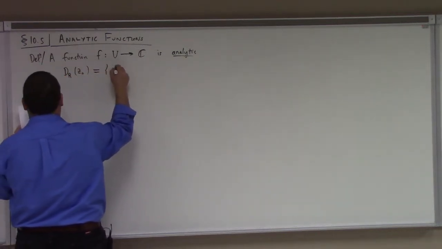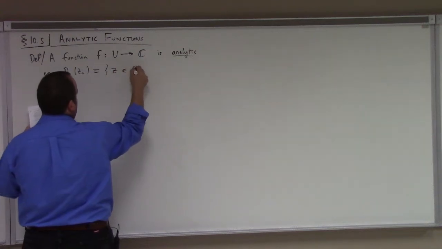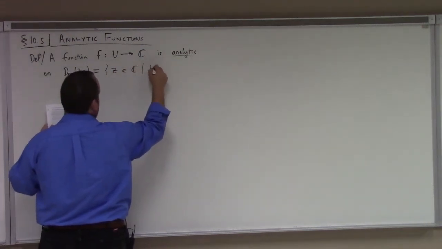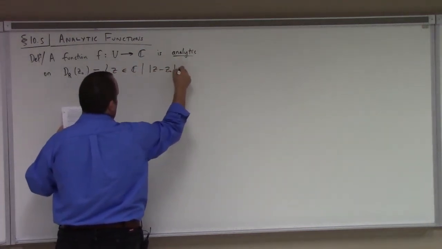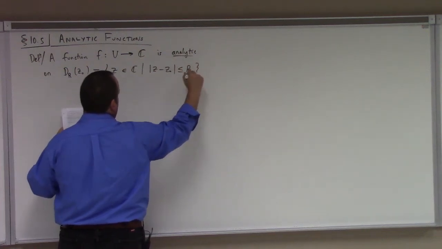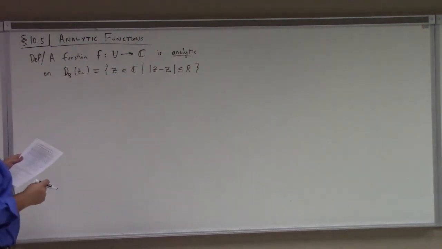This is the disk of z in the complex numbers such that the modulus of z minus z naught is less than or equal to r. In other words, the closed disk of radius r centered at z naught, right?